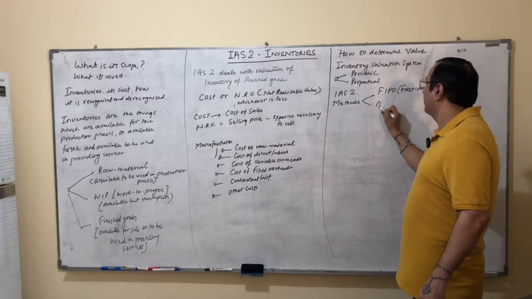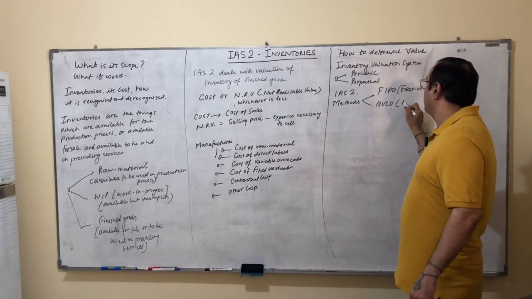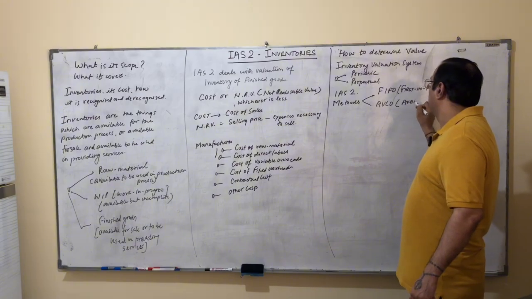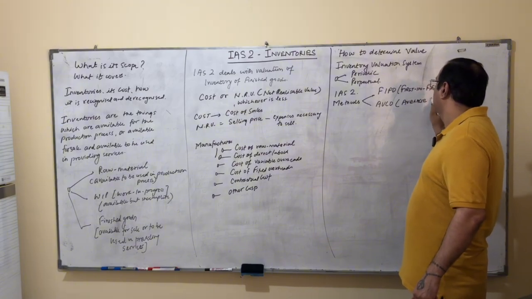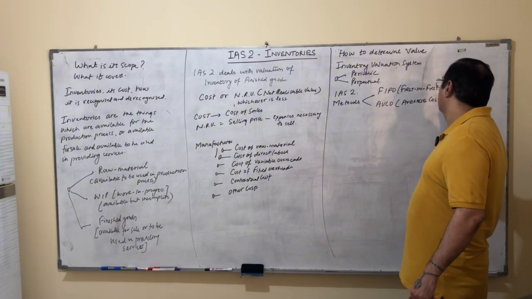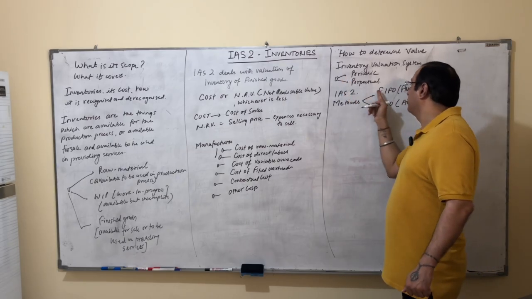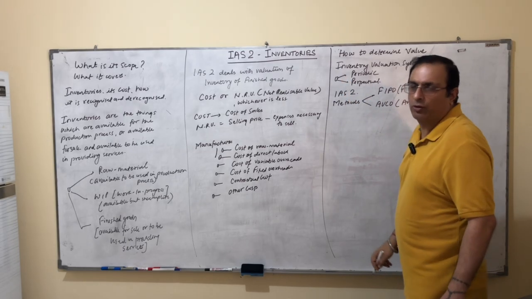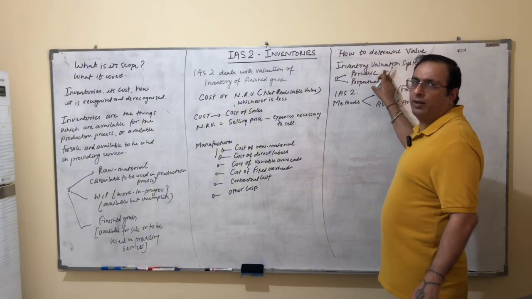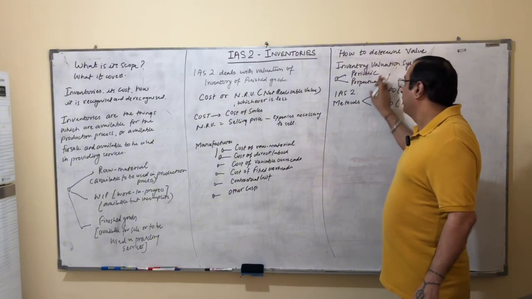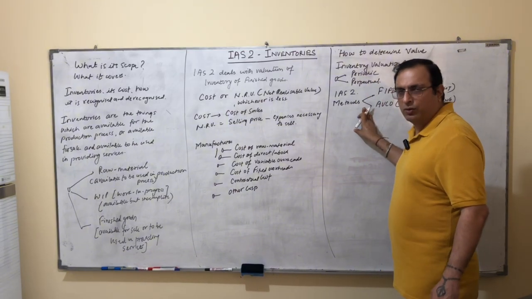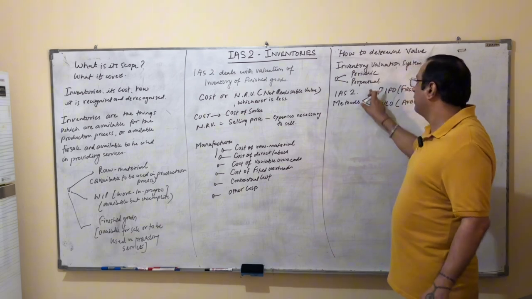And second is AVCO. AVCO says average costing. IAS 2 says that we have to focus on these two methods for the valuation of inventory. These are systems, right guys, which I will tell you in my video. And these are methods. IAS 2 focuses on the usage of these two methods.